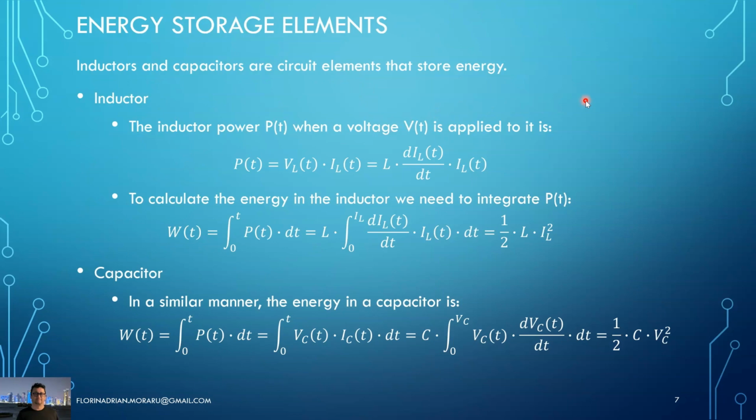So in the end, the energy stored in an inductor is the inductance value times the squared current at the time instant we are referring to, over 2. And similarly for the capacitor, the energy stored is the capacitance value times the voltage across the capacitor at the specific time instant squared, over 2.